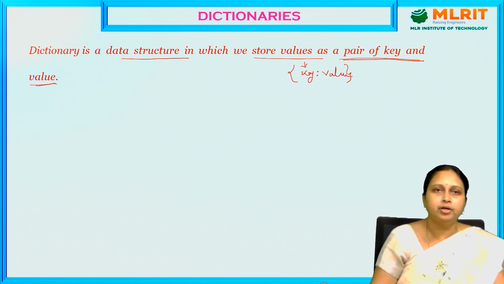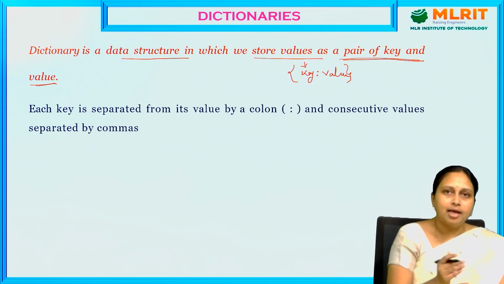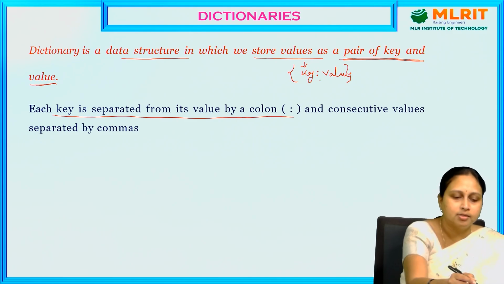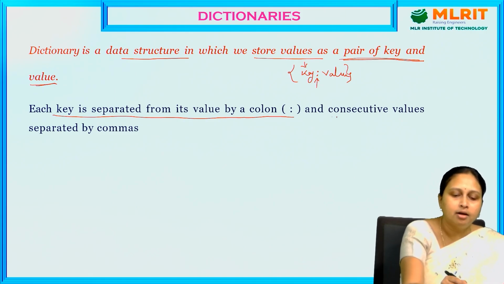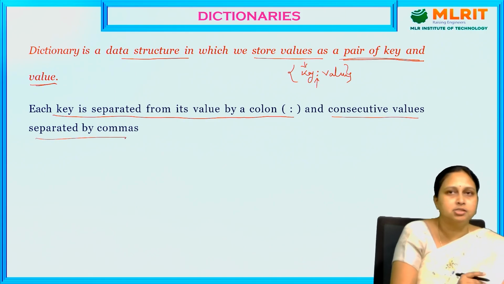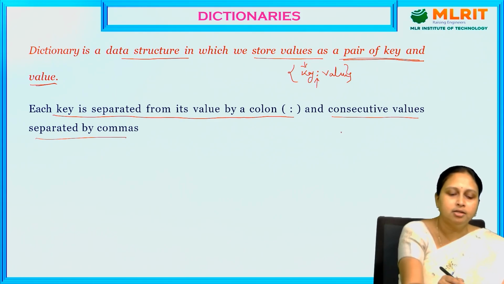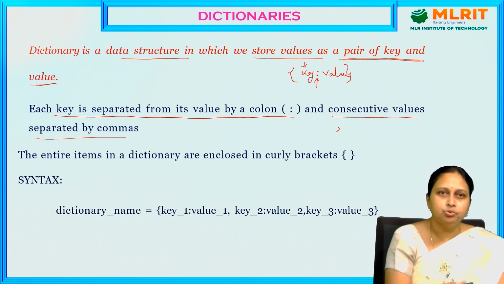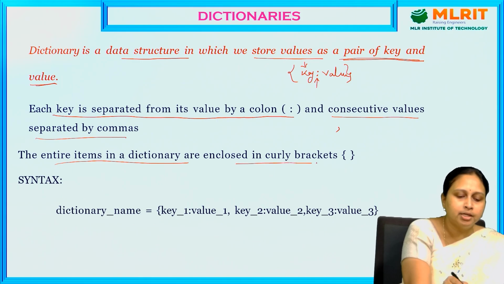Let us see how we represent a dictionary with syntax. As I told you, each key is separated from its value by a colon, and consecutive pairs are separated by commas. If I want to give more than one pair of key and value, they should be separated by a comma. The entire items in the dictionary are enclosed in curly braces.